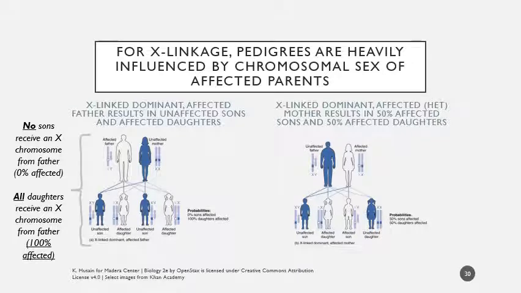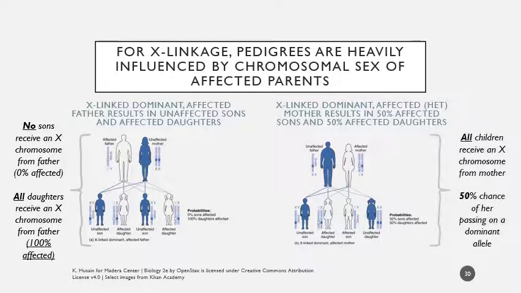If there's a heterozygous mother, then that's going to result in 50% affected sons and 50% affected daughters. So it depends on the chromosomal sex of the parent, because that's going to determine their likelihood of passing it on, and the ratios that you see based on sex in the offspring.